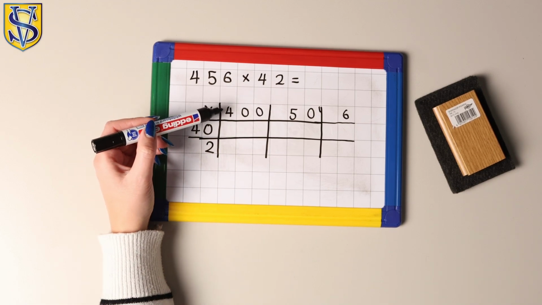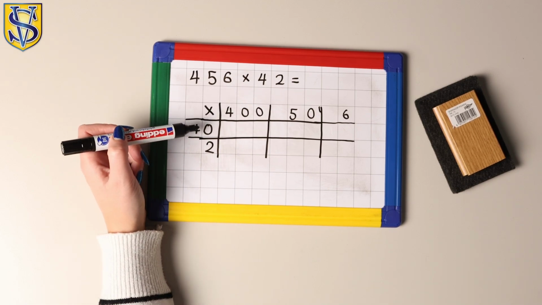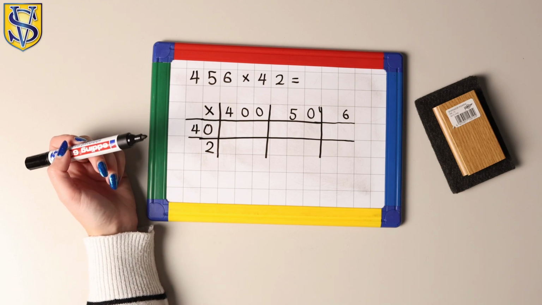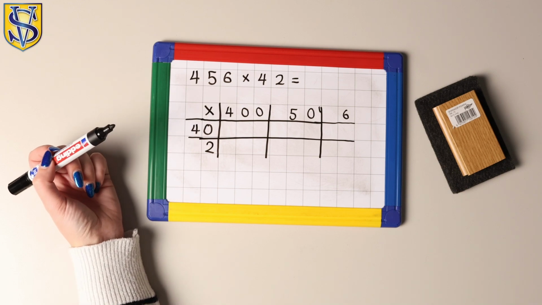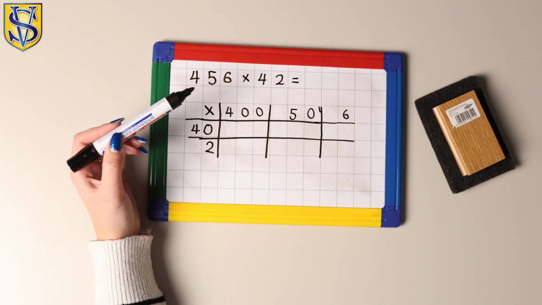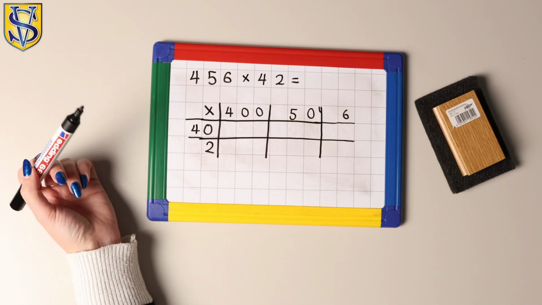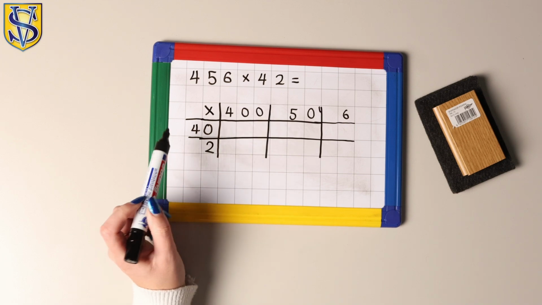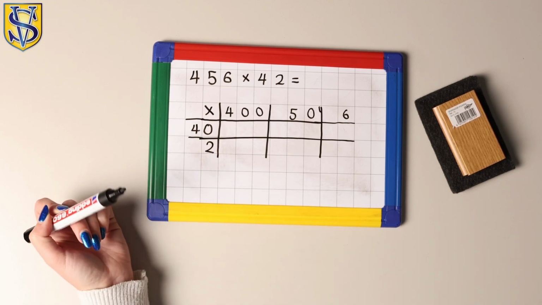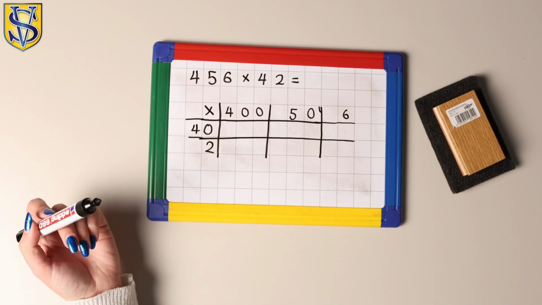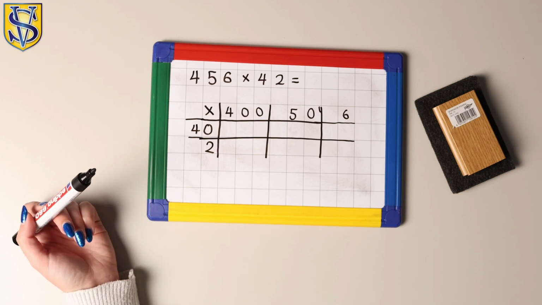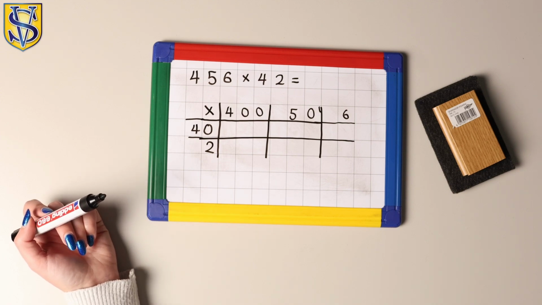the left and go for 400 times 40. Now, 400 times 40 is quite a challenging number to do. So I could look at it as 4 multiplied by 4. And then because there are 3 zeros here, I know that I could times the answer by 1,000, and that will give me the right answer.